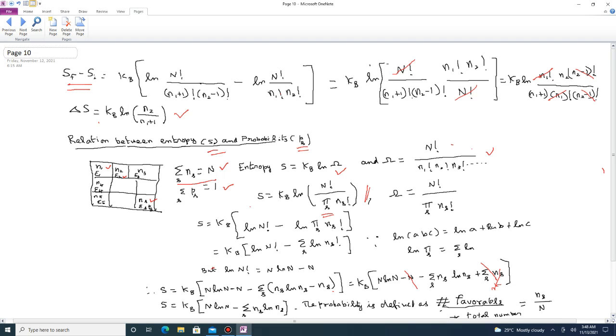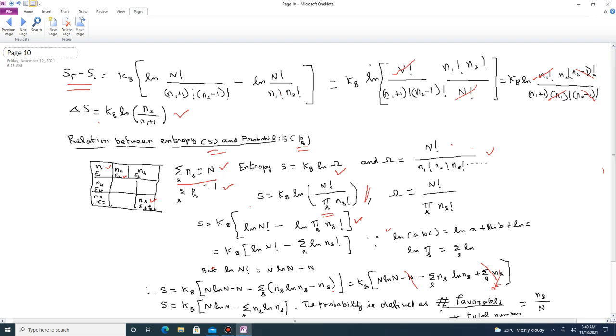Now, log of m by n is equal to log m minus log n. So using that formula, you can write the expression for S as k_B into log N factorial minus the logarithm of Pi over s of n_s factorial. But log of abc is equal to the logarithm of a plus the logarithm of b plus the logarithm of c.